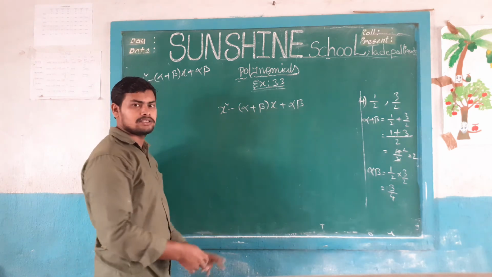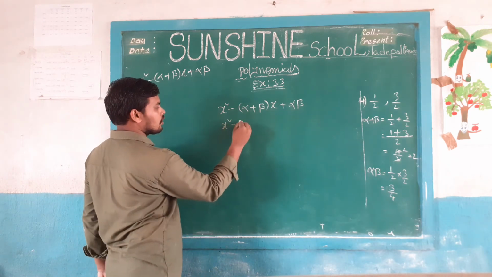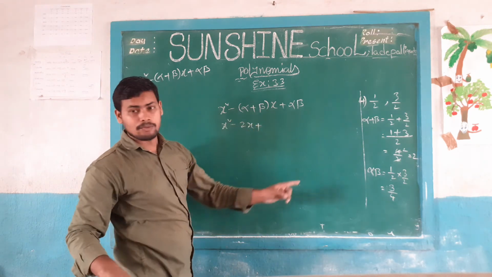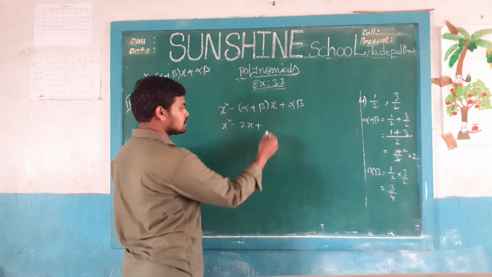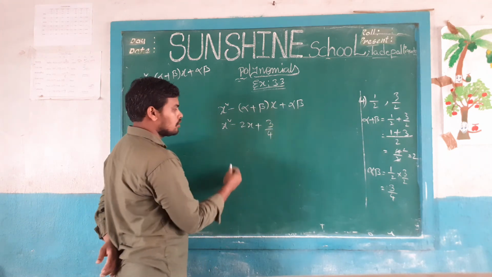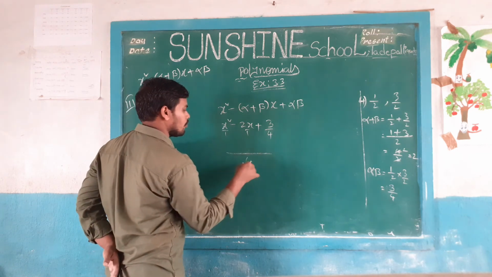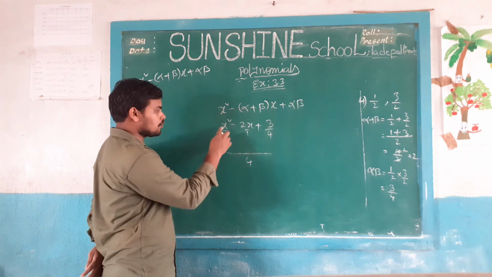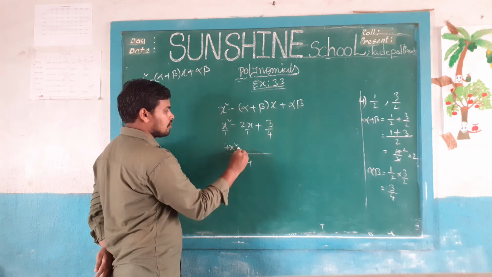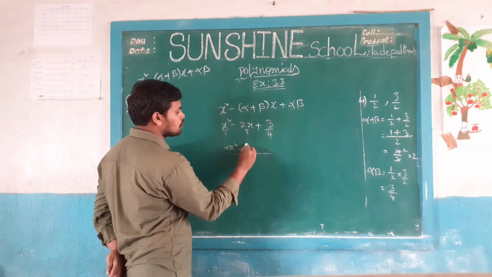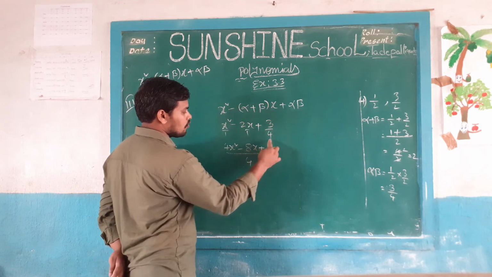Alpha plus beta value is 2. Alpha beta value is 3 by 4. So what is the LCM here? 4. 1 in 4, 4 times. 4 into x square, 4x square. 1 in 4, 4 times, 4 into 2, 8. 4 in 4, 1 time.